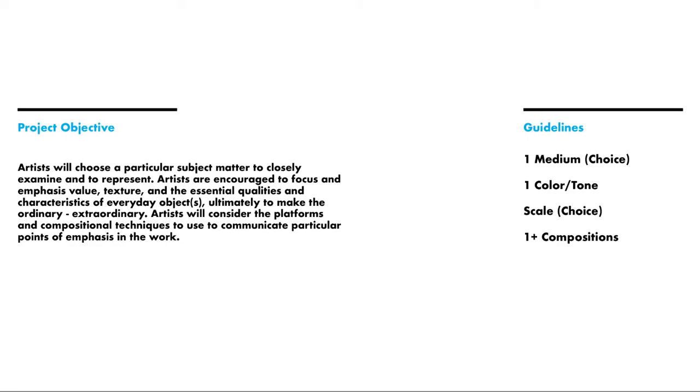Let's focus on that, doing this by hand in some way. You're going to choose one color or tone to help you focus on value, and then you're going to choose your scale in terms of how large your work is, but then not how much you are zooming in or zooming out.